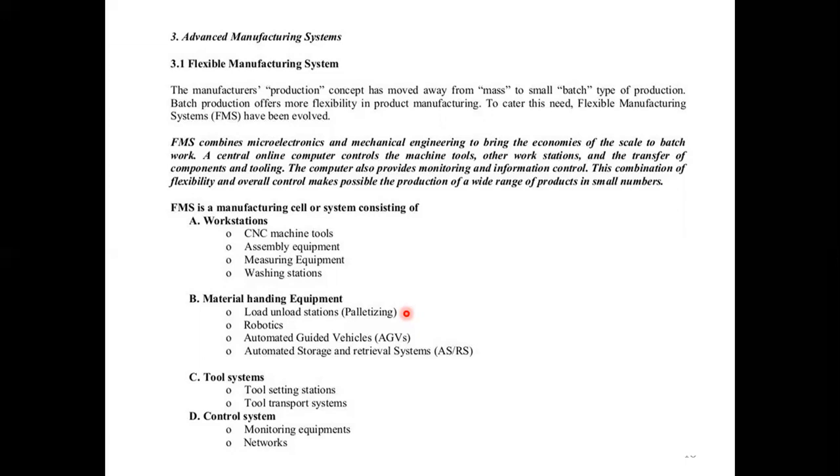Material handling equipment having load and unload stations, robotics, automated guided vehicles, automated storage and retrieval systems like that. Tool systems having tool setting stations, tool transport systems. The next one is control system having monitoring equipment and network. So these are the components of FMS.